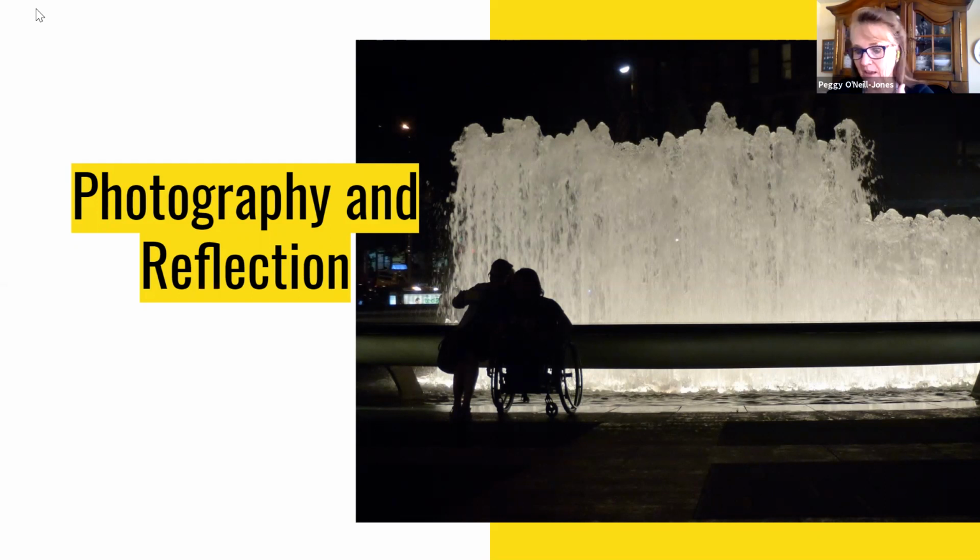I feel sad, I feel happy, I feel anxious. And I thought about the same thing with photography, to let photography be your reflection about your learning, a reflection about how things are going in your life, anything. And so I thought about photography and reflection.